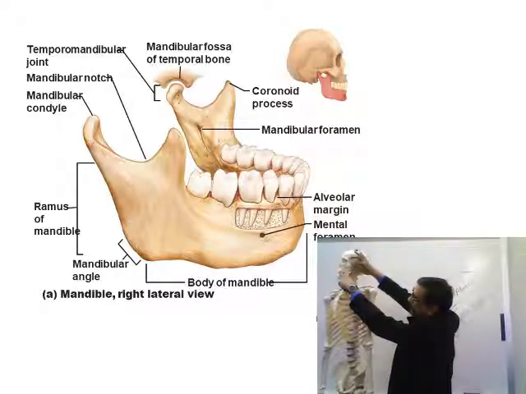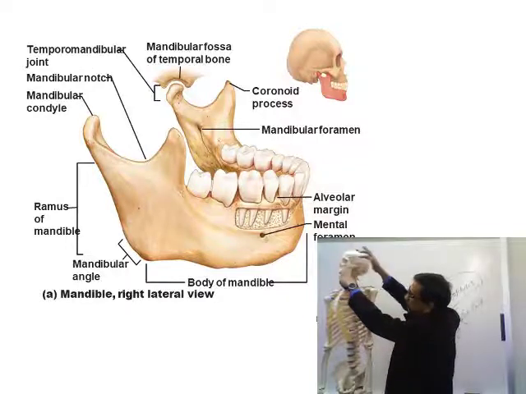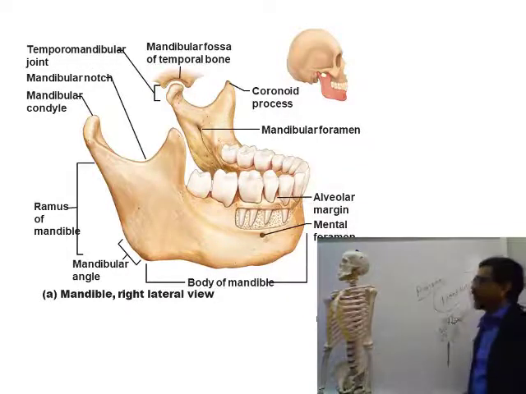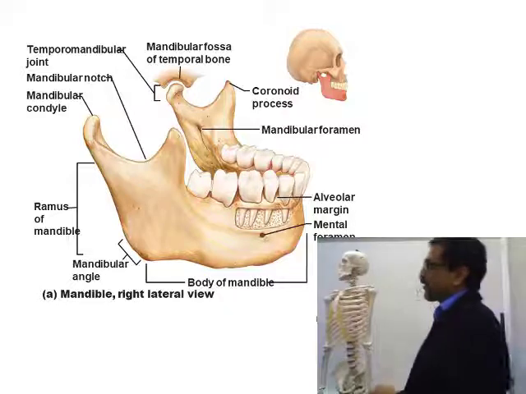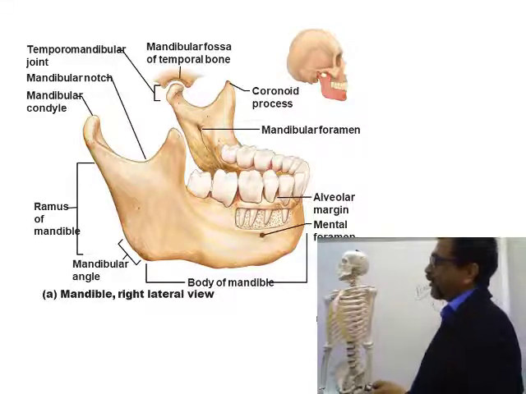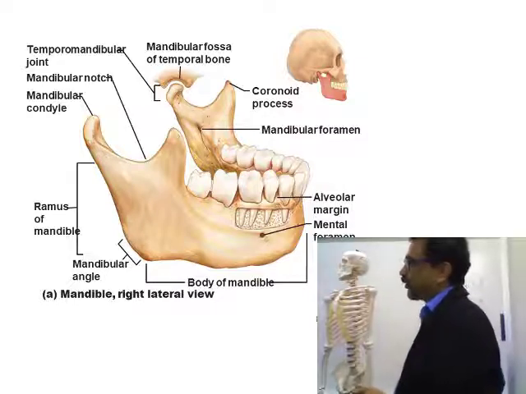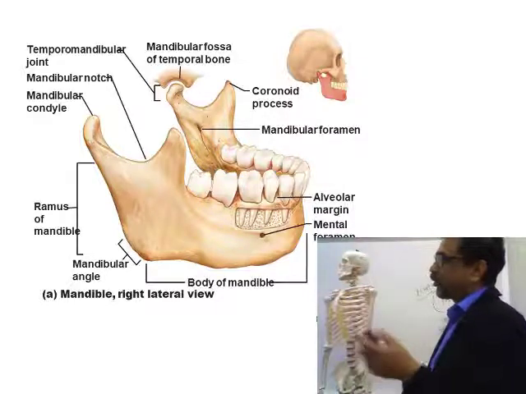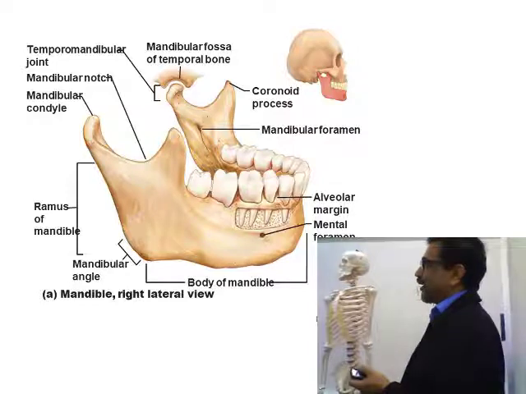So this is the mandibular condyle, and this part is not attached, it is free, and this part is called the coronoid process. So you see the mandibular condyle in the back and coronoid process in the front. So two coronoid processes, two mandibular condyles.